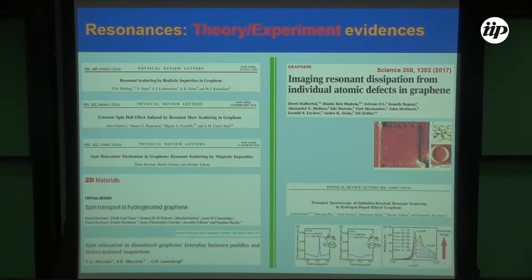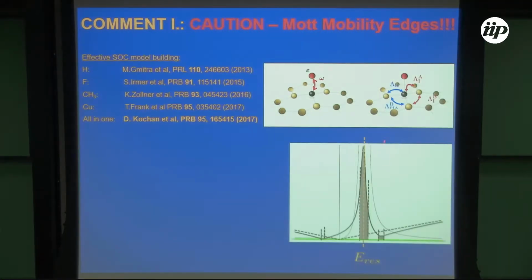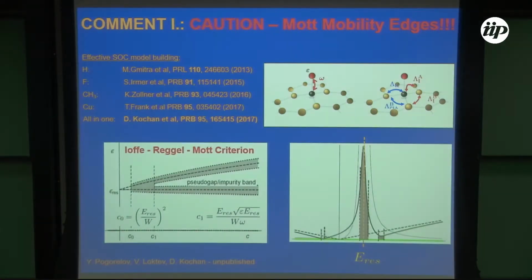Here I want to make one comment, because every one of us likes the resonances, and I think we studied a lot of them, and maybe you are using our Hamiltonian, so I want to make one warning. If you are working with the resonances, we have some enhancement of the density of states and also of the transport in this region. But as the concentration of resonances grows, a mobility edge appears, and basically what could happen is that those states are localized states in the end.